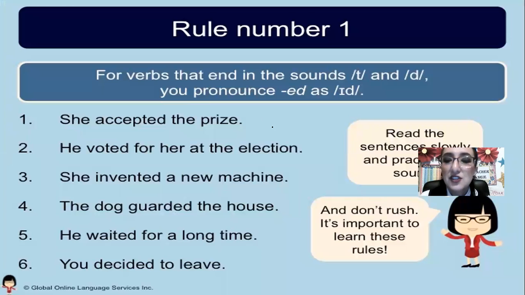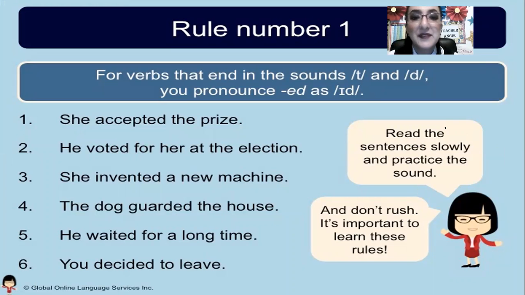So here we are going to have different kinds of rules. Yes, in English we have a lot of rules. And one of the most important rules here is this: for verbs that end in the sound t and d, you pronounce it as it.